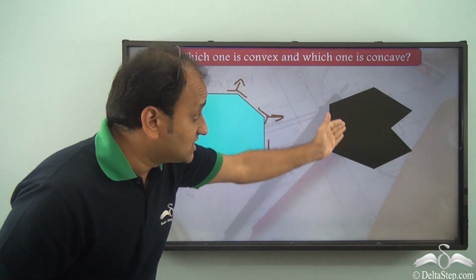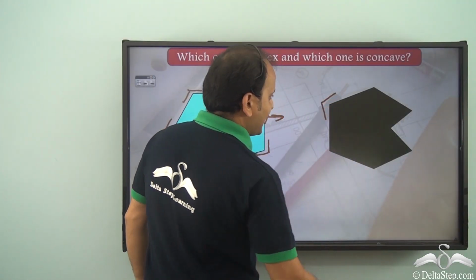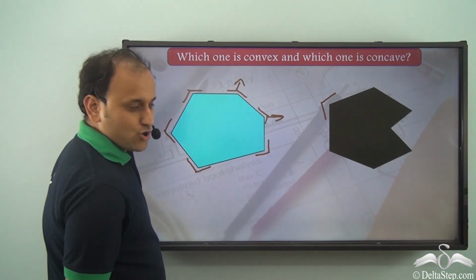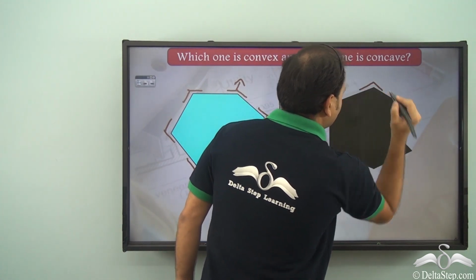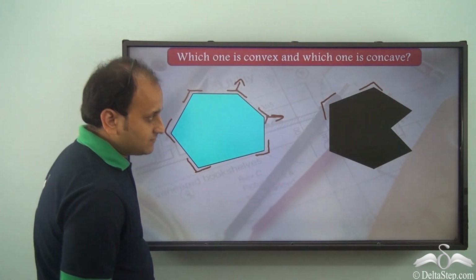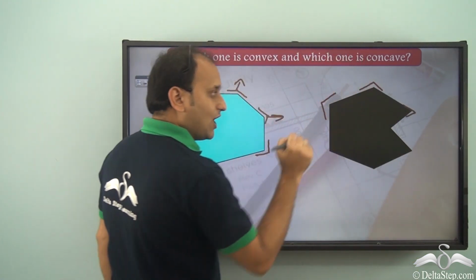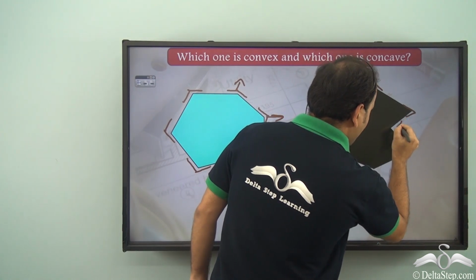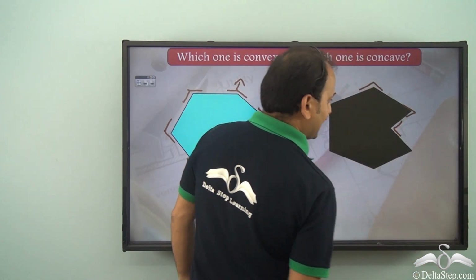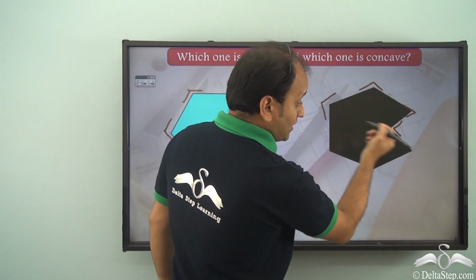Now let's come to this particular polygon. Here we have this and this pointing outwards. What about this? Outwards again. This one, outwards. What about this? If we draw along these two sides, we get an arrow pointing inwards, isn't it?